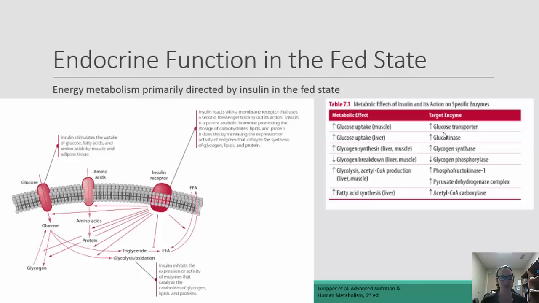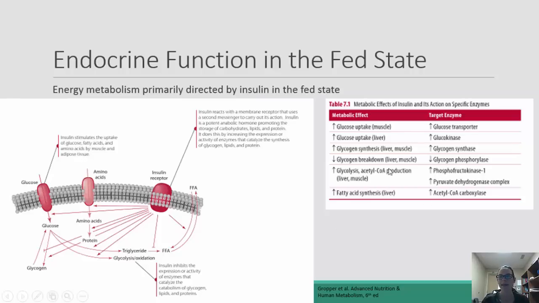Okay, so let's talk about endocrine function in the fed state. Energy metabolism is primarily directed by insulin in the fed state. This is no surprise to any of us. And here's a schematic of how insulin stimulates the uptake of glucose, fatty acids, and amino acids by the muscle and adipose tissue. You can get a little more detail about how this works by looking more closely at the figure here.